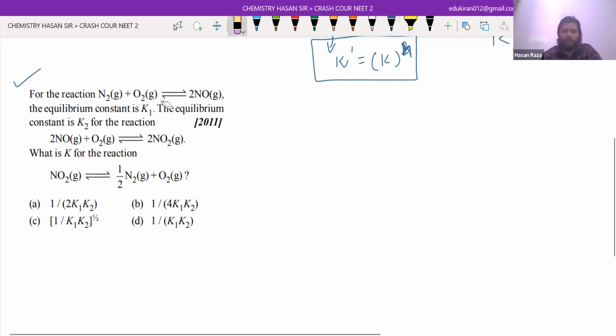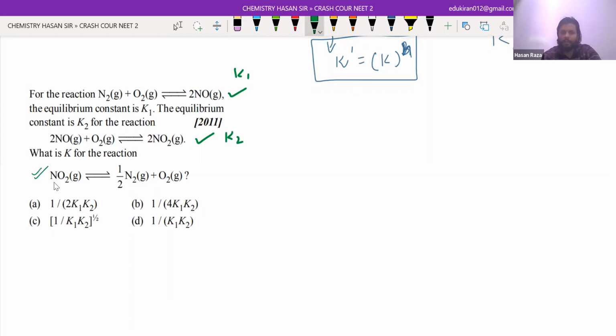So basically, what I was saying is that two reactions are given, in which K1 and K2 are also given. That means it's the equilibrium constant of reactions 1 and 2, and we need to calculate the equilibrium constant for this reaction. It's very easy, because this reaction has come from these two reactions.